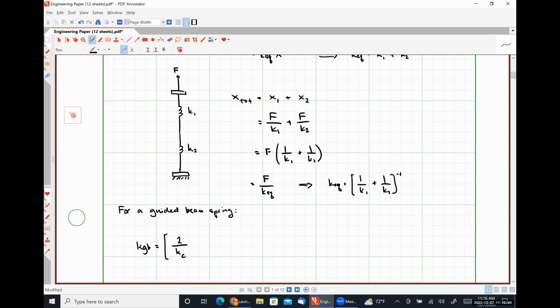Because there are 2 of them in series, and because they're going to have equal lengths, the cantilever portions will have equal spring constants, to the -1 power.